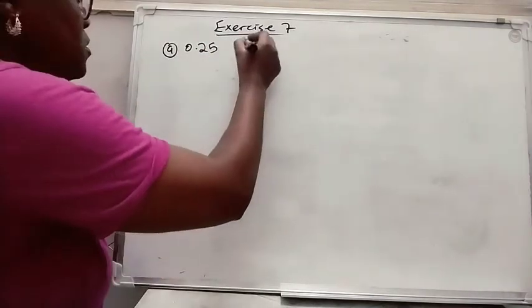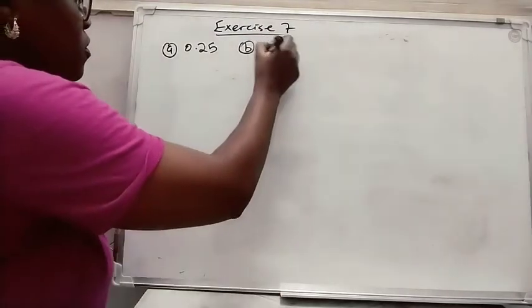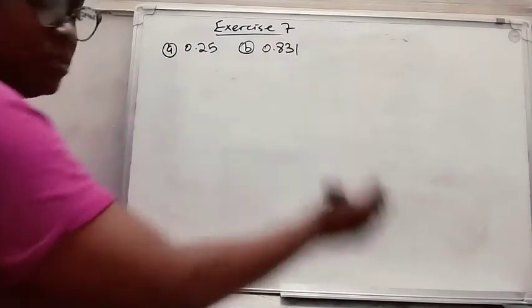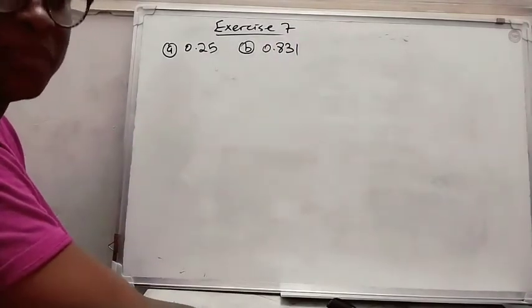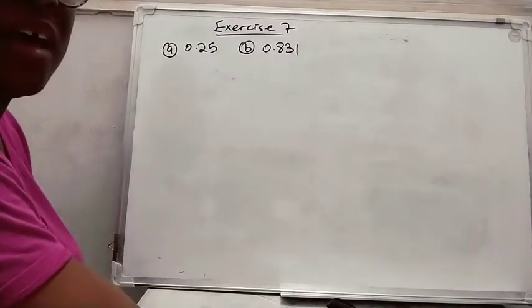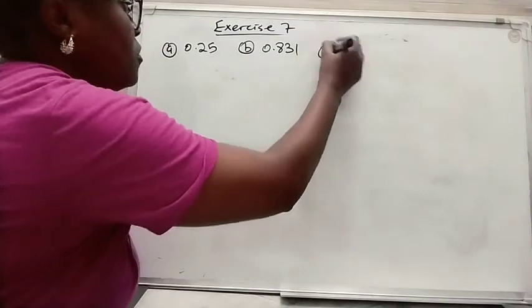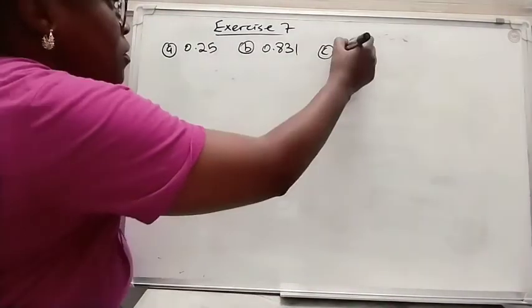Our second is 0.831. I actually love converting decimals to percentages because it's the easiest question you can ever make in mathematics. So just watch how I'm going to crack it and make it very simple.